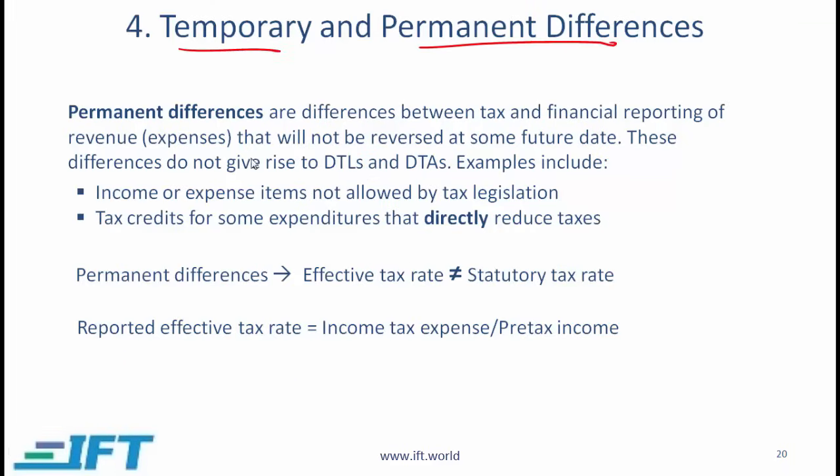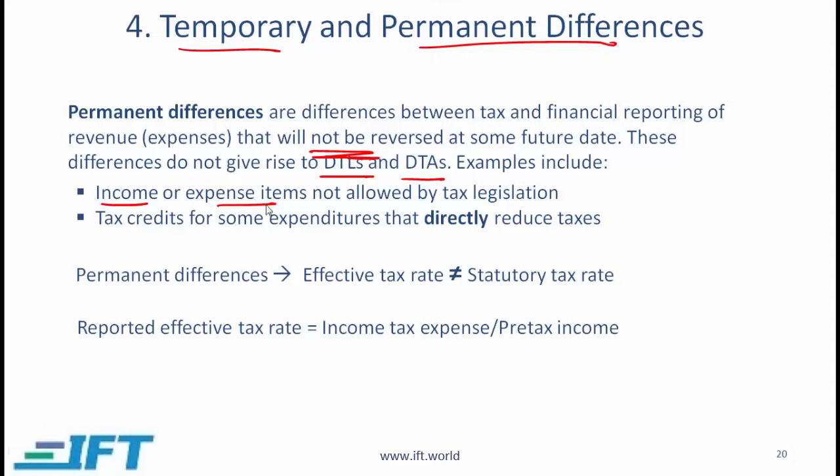Temporary and permanent differences. Permanent differences are differences between tax and financial reporting of revenue or expenses that will not be reversed at some future date. These differences do not give rise to deferred tax liabilities and deferred tax assets. Some examples are as follows.